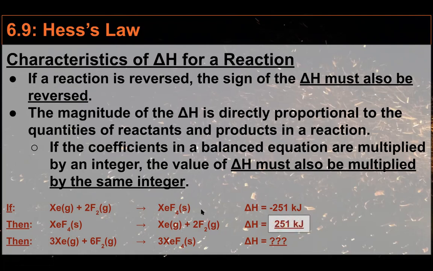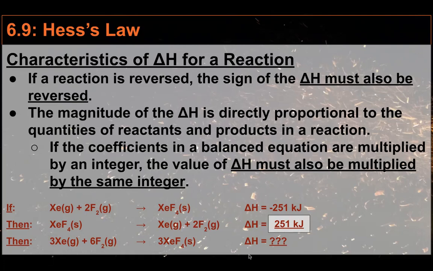Okay, now what about this one down here? Now we have 3Xe plus 6F2 yields 3XeF4. Well, we haven't reversed it. Okay, we still have the reactants, same products. However, you'll notice that we multiplied everything by 3. 3Xe, 3 times 2, so 6F2, and then 3XeF4.